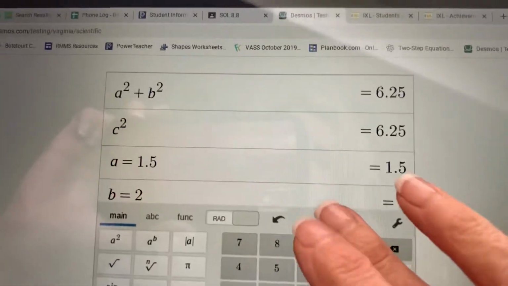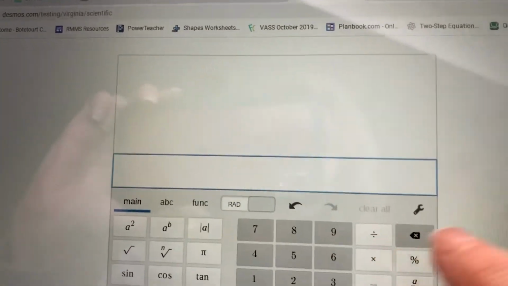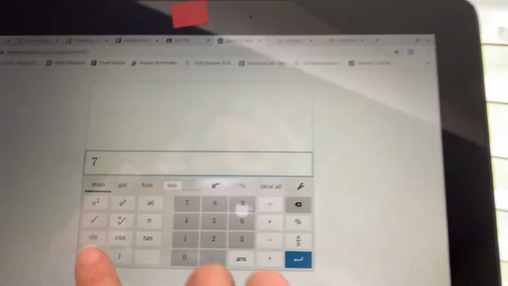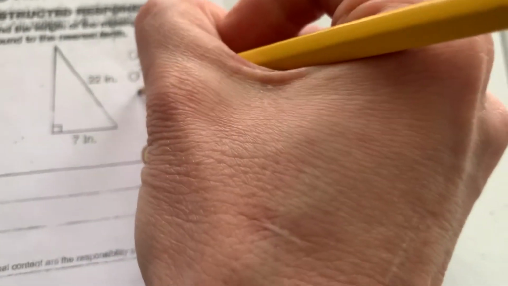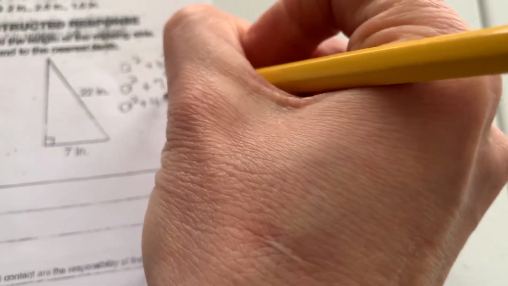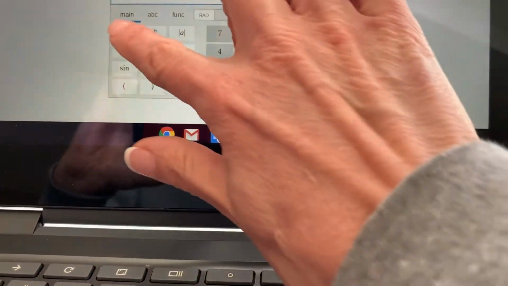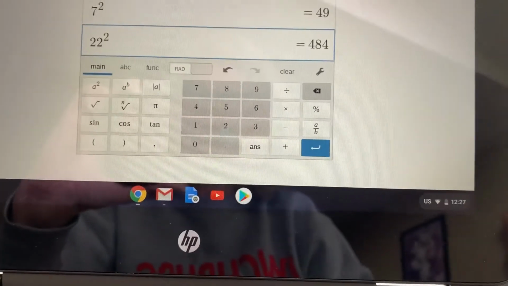So I'm just going to go up here to my calculator. I'm going to clear this out, and I'm going to figure out what 7 squared is. So 7 squared is 49. Write that on my paper. A squared plus 49 equals, let's do 22 squared now. 22 squared, we get 484.